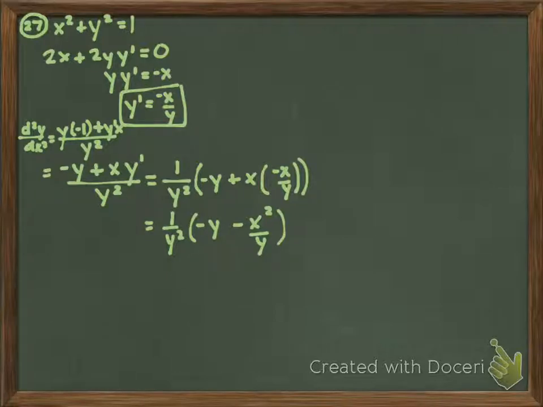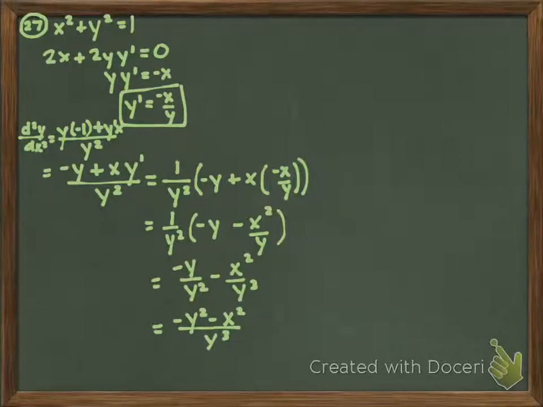Yes? And then I could go distribute my y squared, and I get negative y over y squared minus x squared over y cubed. Yes? And if I needed to get a common denominator or wanted to, I would have negative y squared minus x squared over y cubed, wouldn't I?